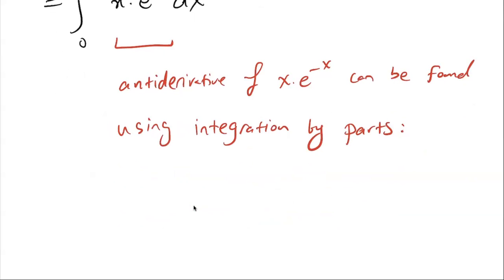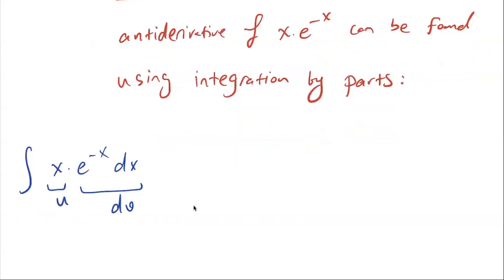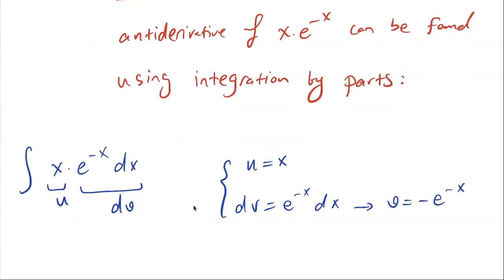How can I do that? Well, for the integral of x e to the minus x dx, I can call this one u and this one dv. So if I call u as x, and dv as e to the minus x dx, that means v should be minus e to the minus x. If dv is e to the minus x dx, v should be the antiderivative of this, which is minus e to the minus x. And du is the same as dx.